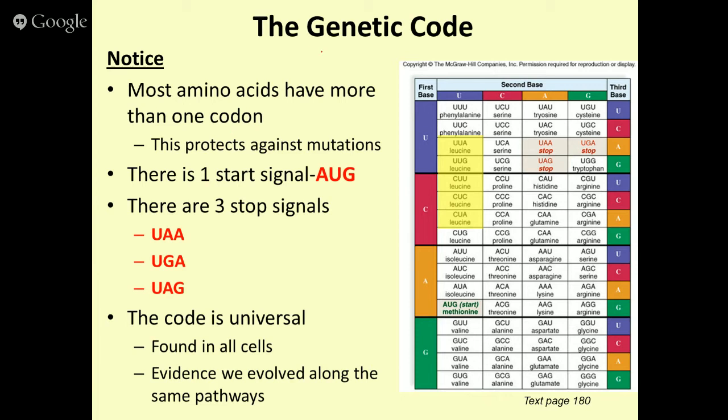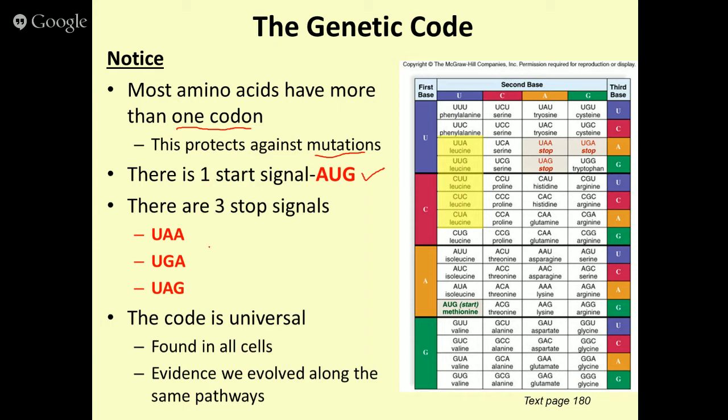Like I said, most amino acids have more than one codon, and this protects you against mutations. If you have a small mistake, one base mistake in your DNA, you might still be able to make the correct protein because we've got this built-in idea of there being more than one codon for each amino acid. So most amino acids have more than one codon, but there's only one start codon, AUG.